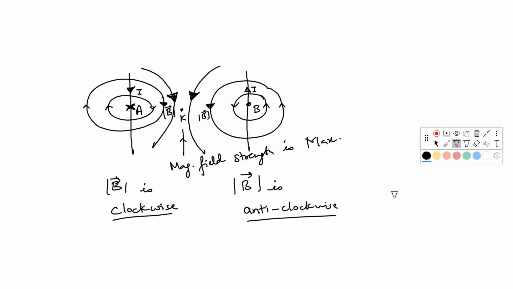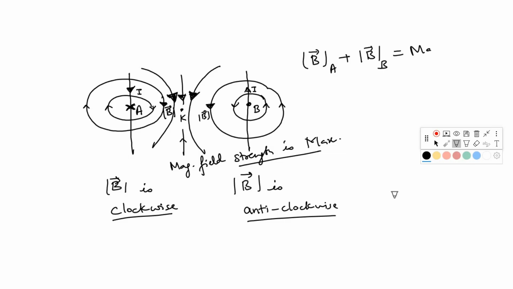But why I'm saying magnetic field strength is maximum is because the direction of magnetic field is adding up at point K. So the magnetic field strength due to the conductor at A and due to the conductor at B are adding because the direction of magnetic field is the same.